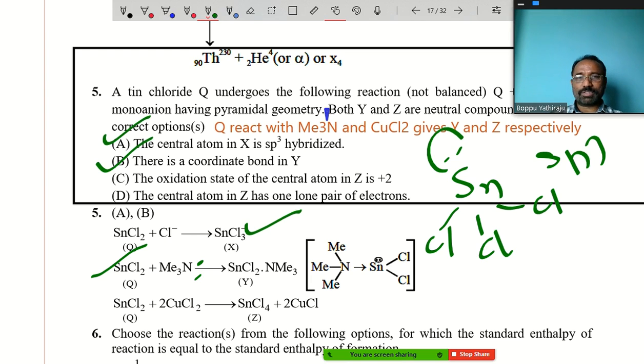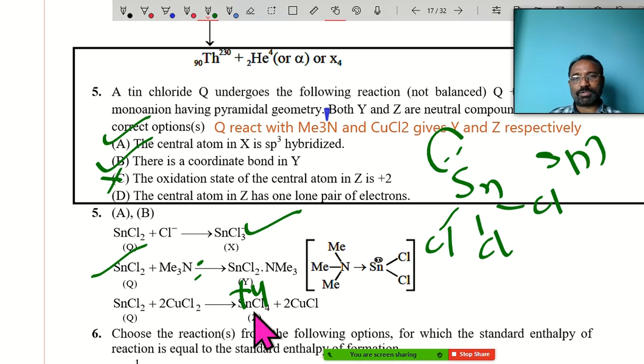Next, the oxidation state of the central atom in Z is +2. Here not +2, it is +4. In SnCl4, the oxidation state is +4. Therefore, it is a wrong statement. Next, the central atom in Z has one lone pair of electrons. It is a wrong statement. Why? Because in SnCl4, Sn is a 4th group element.